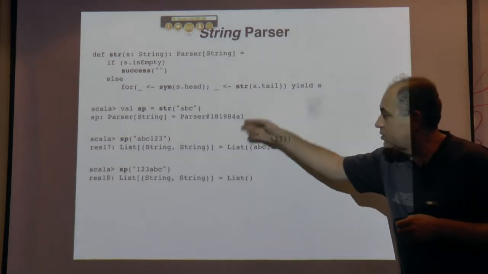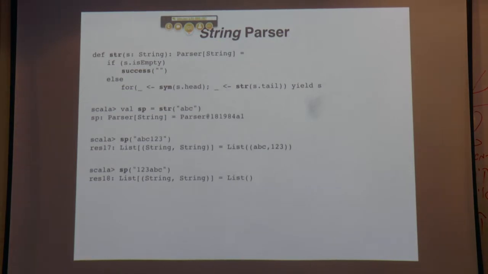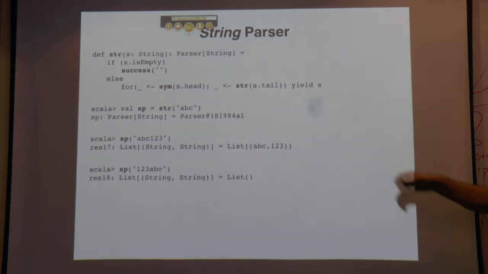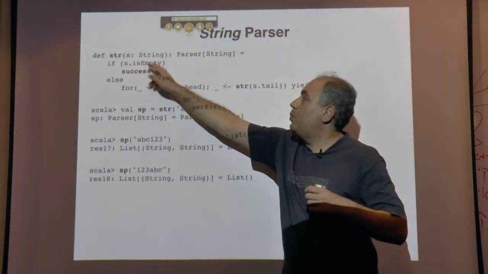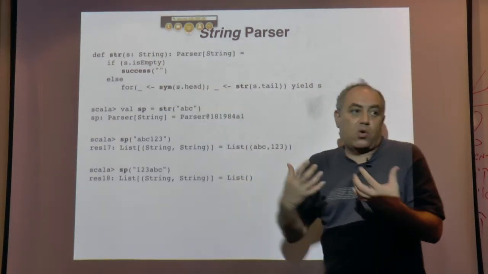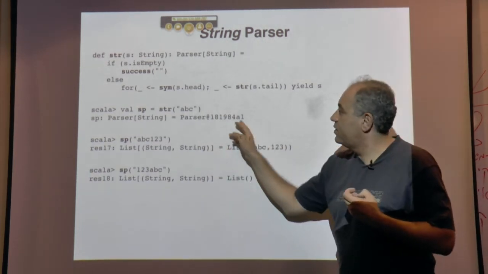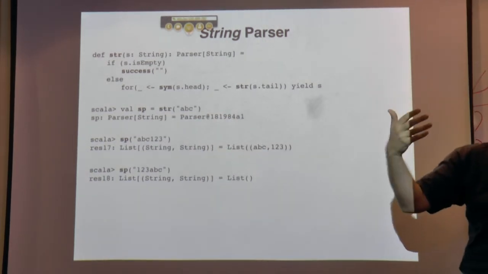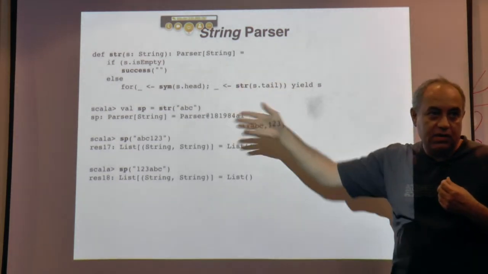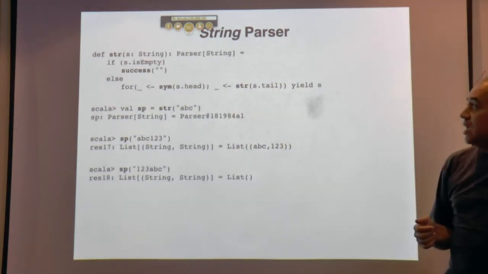You can see how it works here. It checks character by character and sees if it's the same as the input. So we create a new parser with a string. The parser here holds this string, and it checks if the input string has a prefix, which is the string. It returns it. Otherwise, it fails.